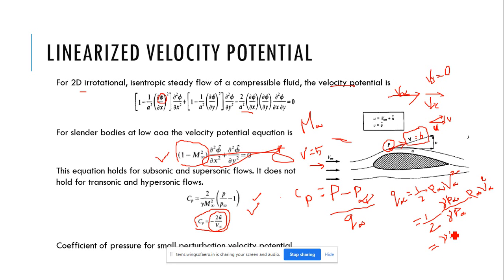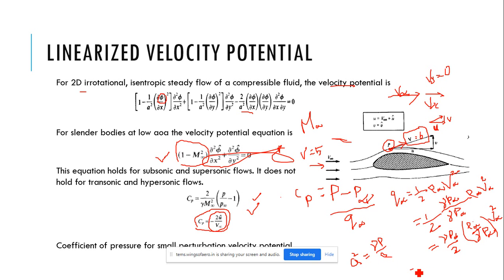By cancelling it, we get half rho infinity V infinity square. So we can write this as gamma P infinity divided by 2 into rho infinity by gamma P infinity into V infinity square. We know A square equals gamma P by rho.